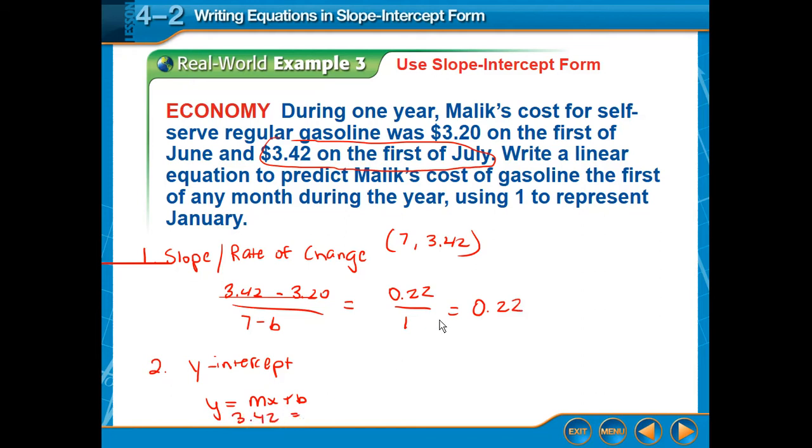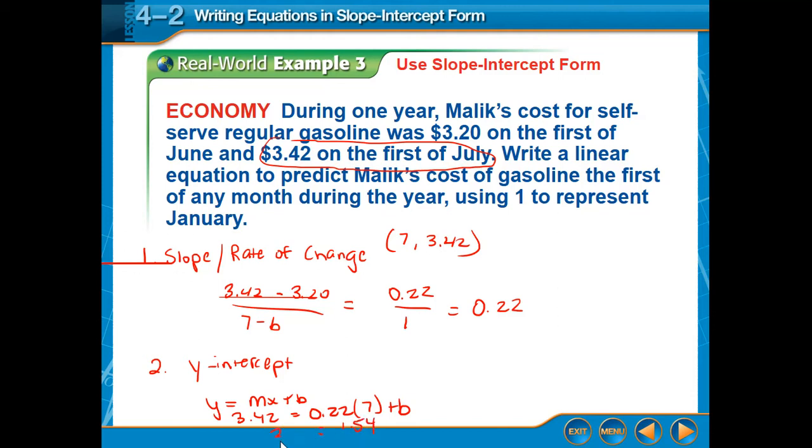M, I just said, is 0.22, and my x is going to be 7, and I'm trying to find my b. So simplifying that, 7 times 0.22 is 154.